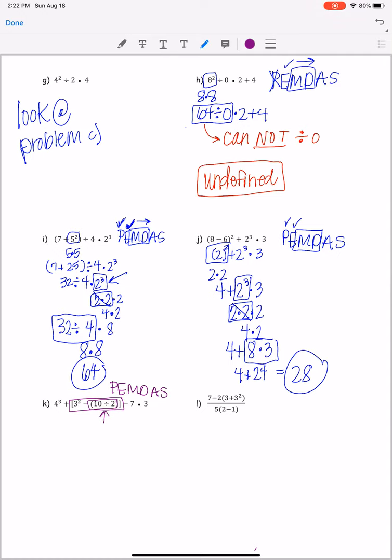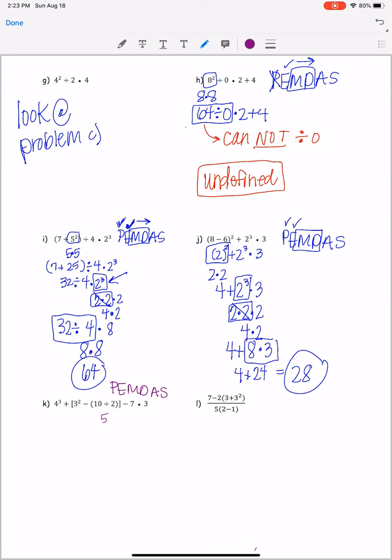You've got to start with this one that's in the very middle and then work your way out. So we are starting with this 10 divided by 2. That's going to give me 5.